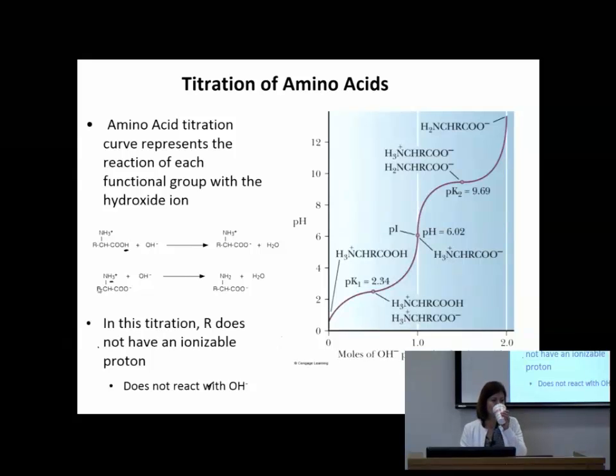Do you guys remember Le Chatelier's principle, where if you apply a pressure on one side of a reaction, it's going to shift to relieve that pressure? I like to think of it the same way. Imagine this hand is the acid and this hand is the base, and they're holding baseballs, and the baseballs are the protons.